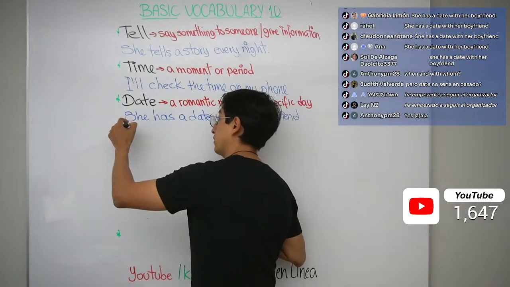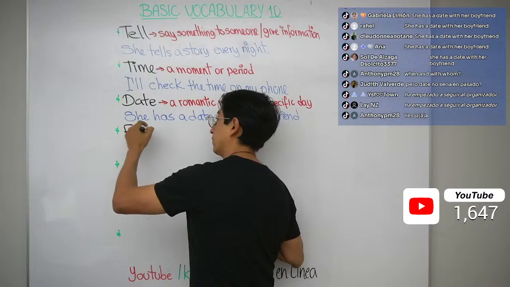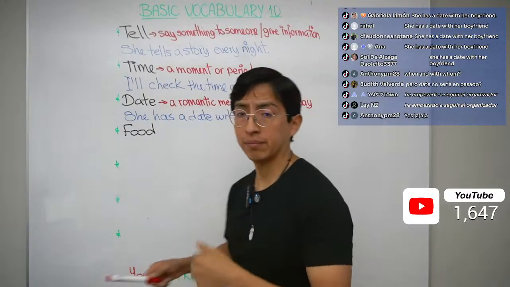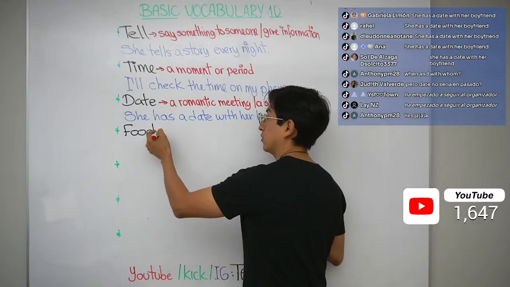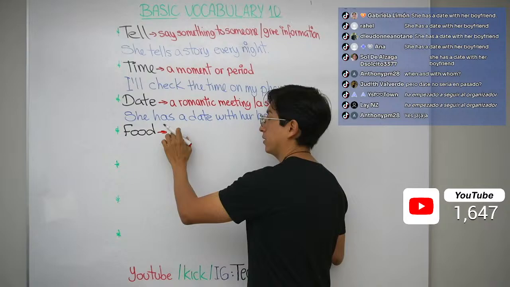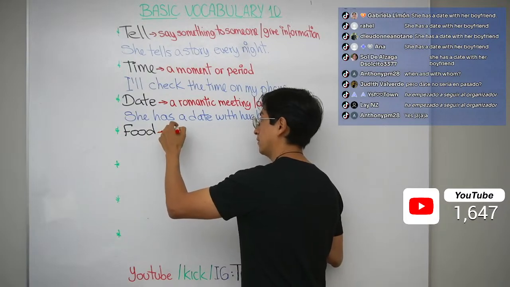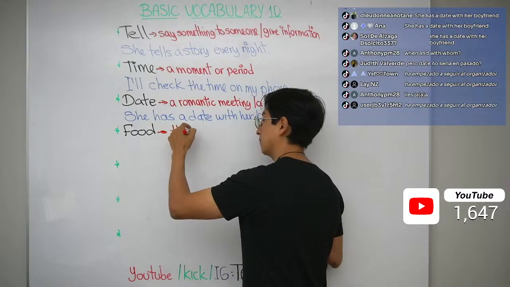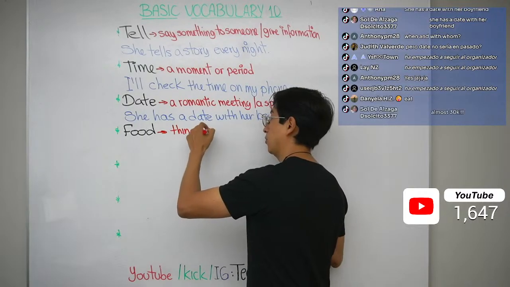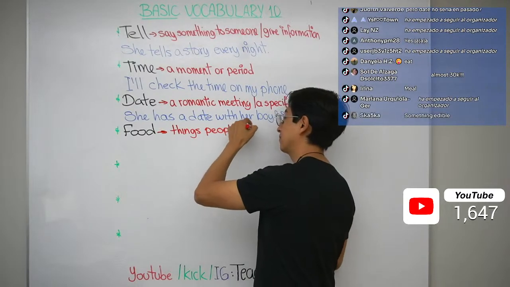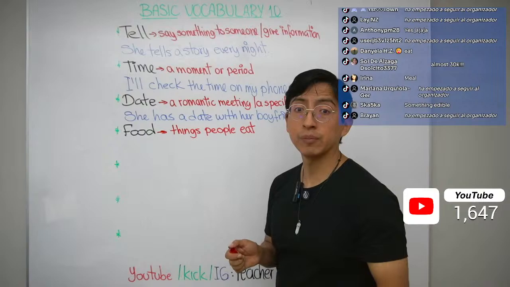The next word is food. Guys, what does food mean? Be careful with the pronunciation of this word, okay? I'm gonna tell you in a moment, but let's write the meaning. Food is things people eat.